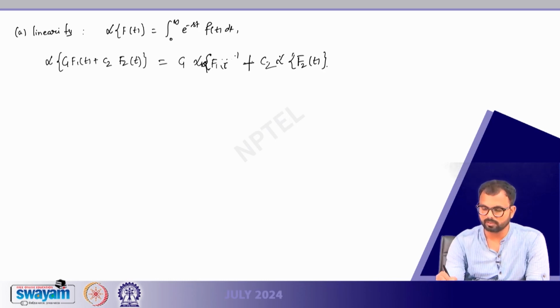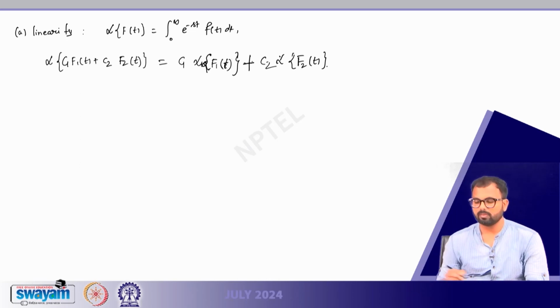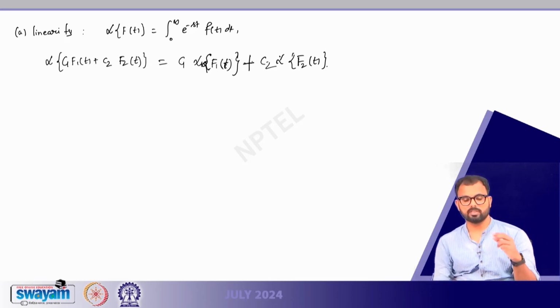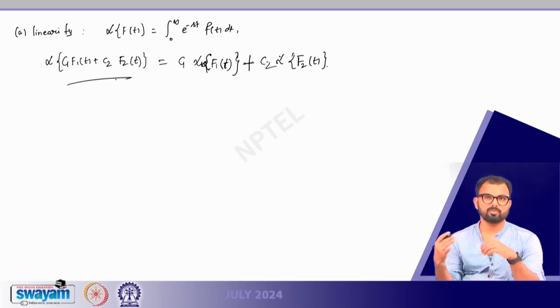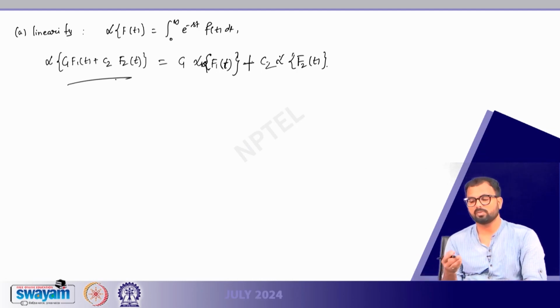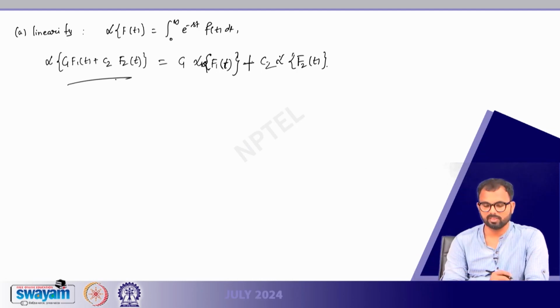This is very obvious because if you write the Laplace transform of this function as the integral of e to the power minus st times c1 f1(t) plus c2 f2(t), then the integral is linear in nature. So it goes to both the terms in addition, and it becomes c1 into the Laplace transform of f1(t) plus c2 into the Laplace transform of f2(t).